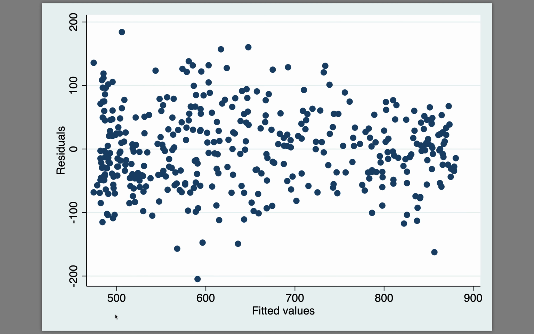So if homoscedasticity, if the scatter plots are pretty equal and pretty random, above and below the zero.